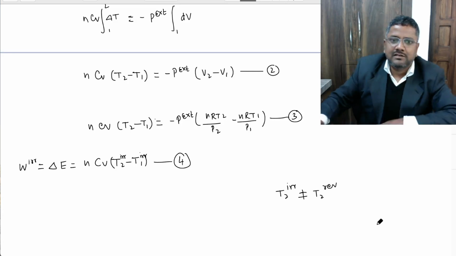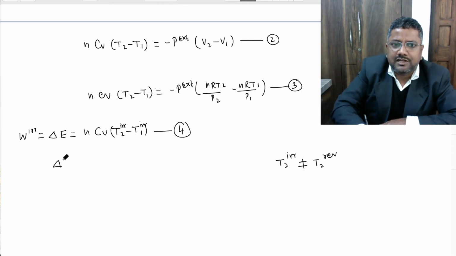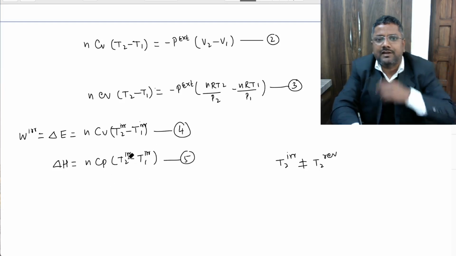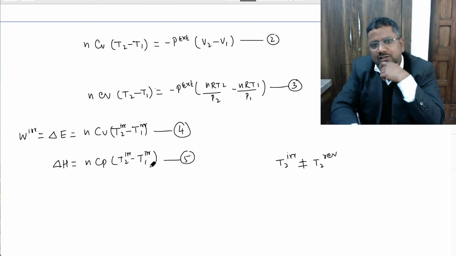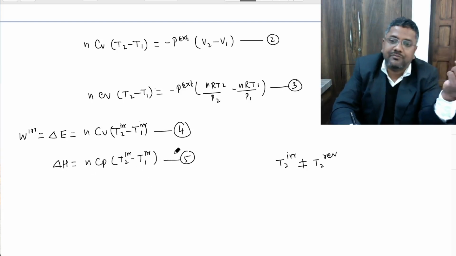Right? So suppose that, and what about delta H? Delta H is equal to again nCP delta T, and this time also T2 irreversible minus T1 irreversible. So basically you have to calculate delta H by using the same equation, but the temperature is calculated by different equations.